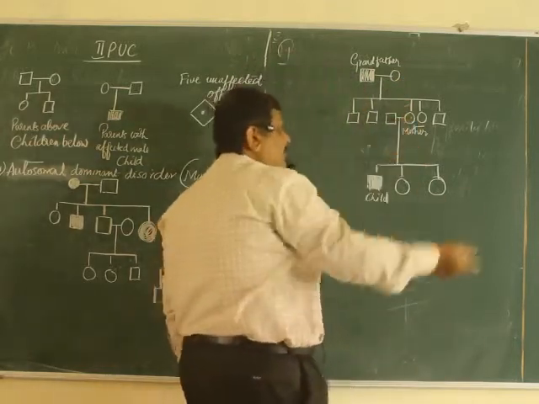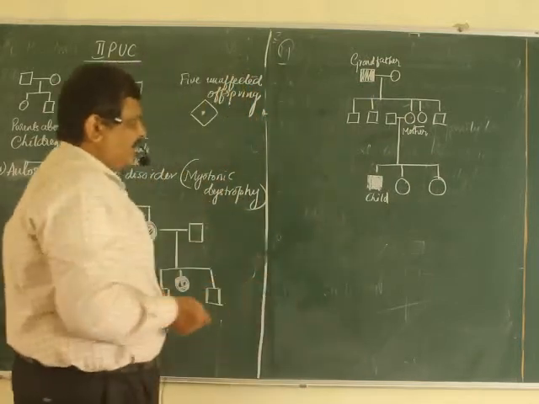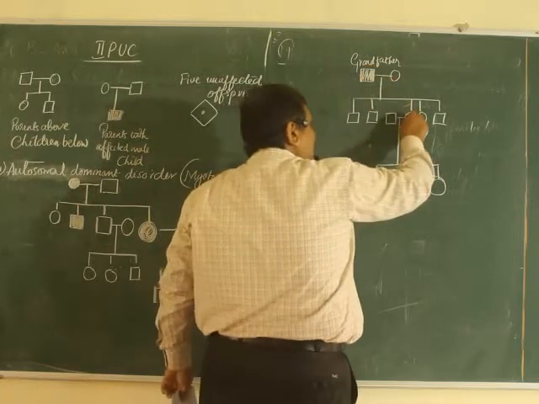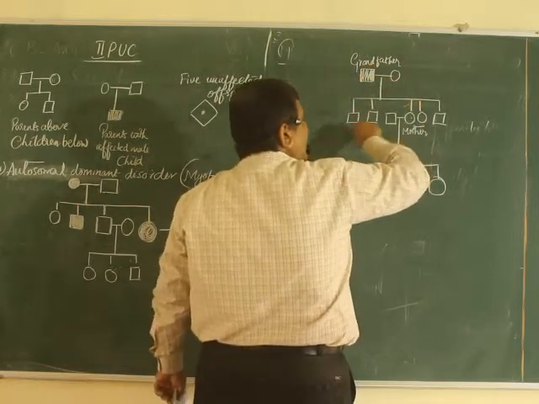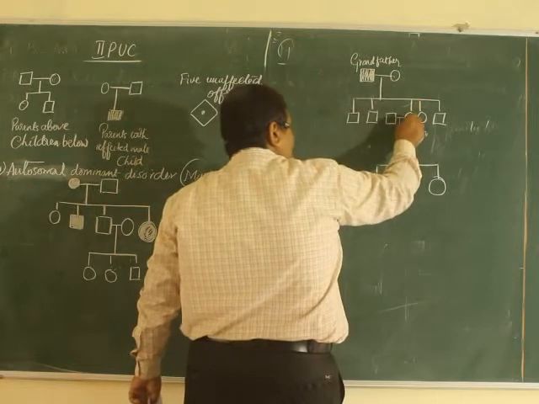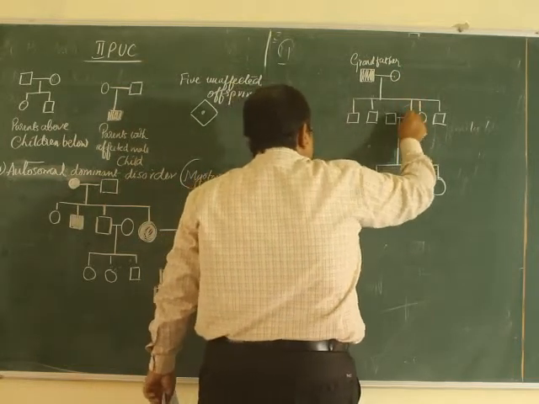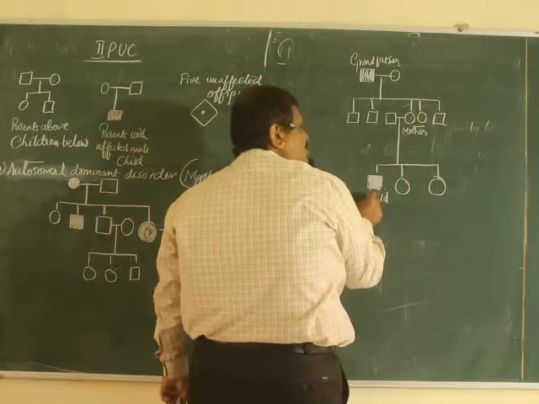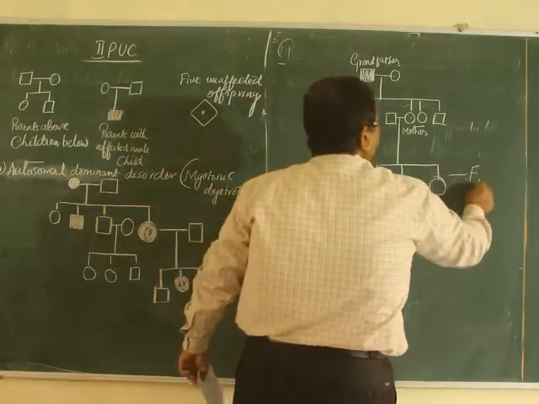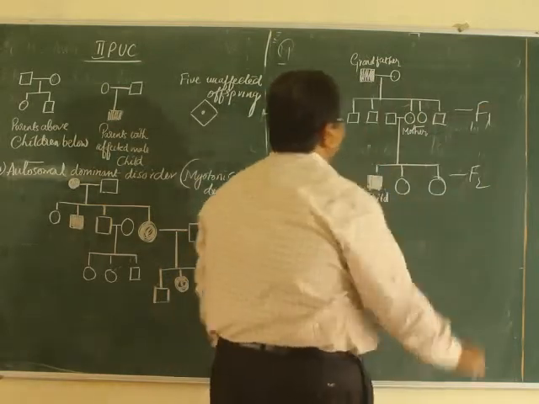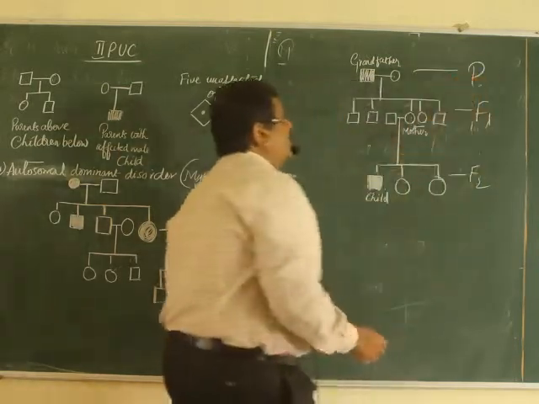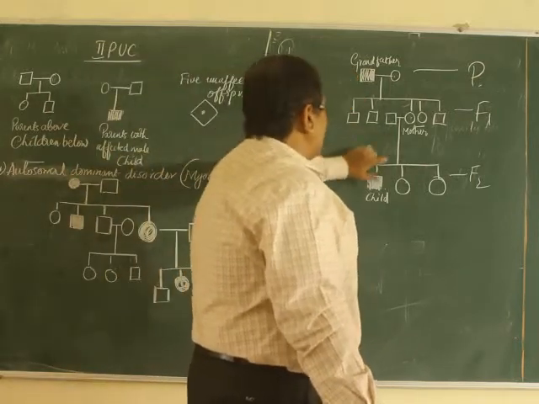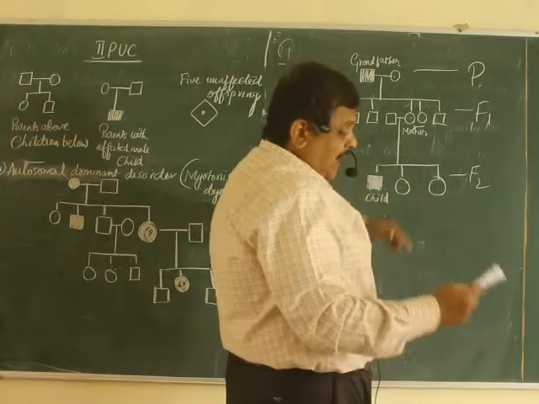So one diseased gene comes from father to the F1 child, and a normal gene comes from the mother. You remember like that. The diseased X chromosome will be transferred to the child in the F2. This is F1. This is parental. So now the disease has been transferred from grandfather to grandchild through the mother.